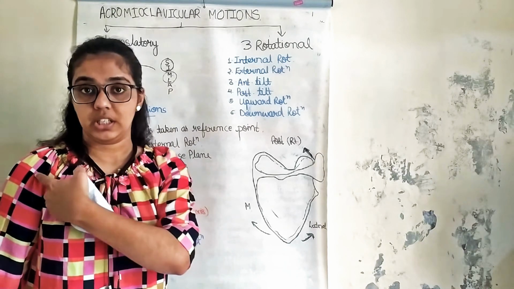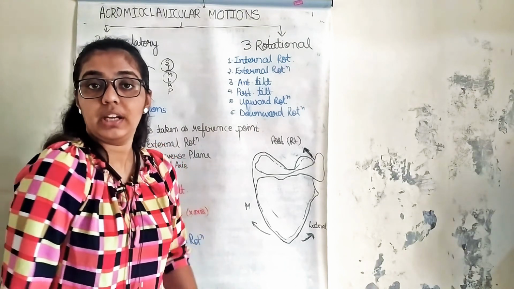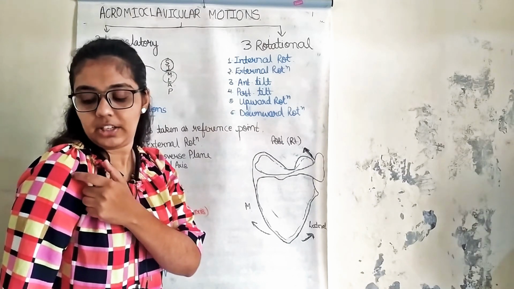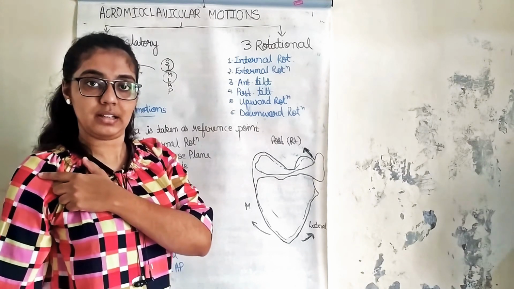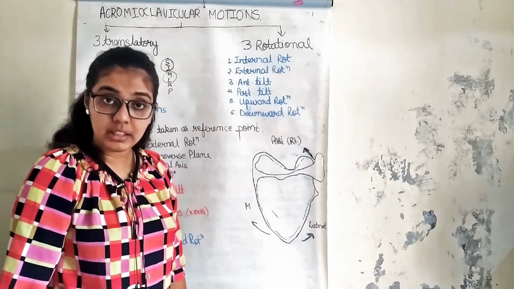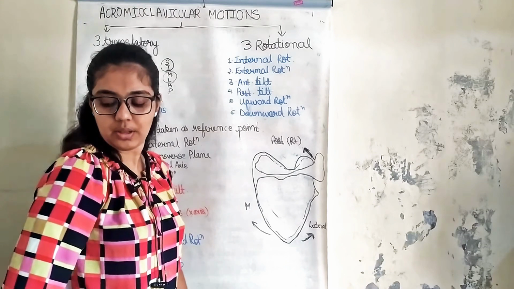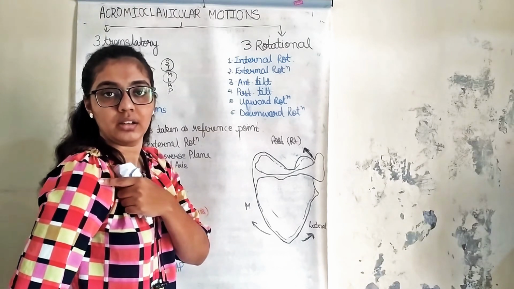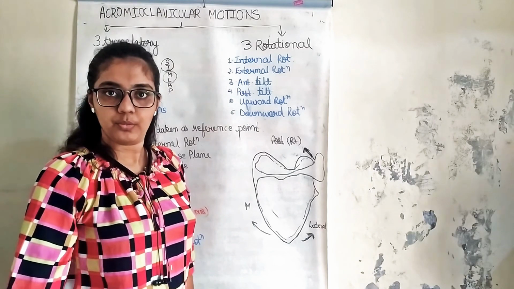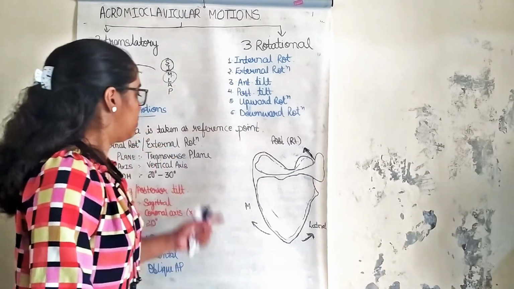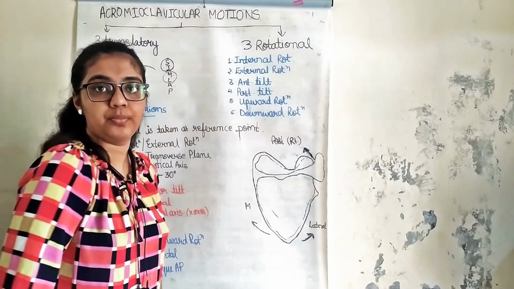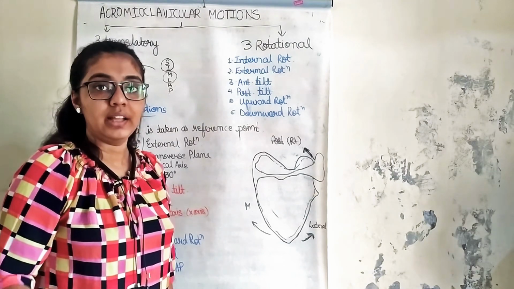In internal rotation, the glenoid fossa moves internally, and in external rotation, the glenoid fossa moves posteriorly. So this movement is a little bit similar to protraction and retraction.